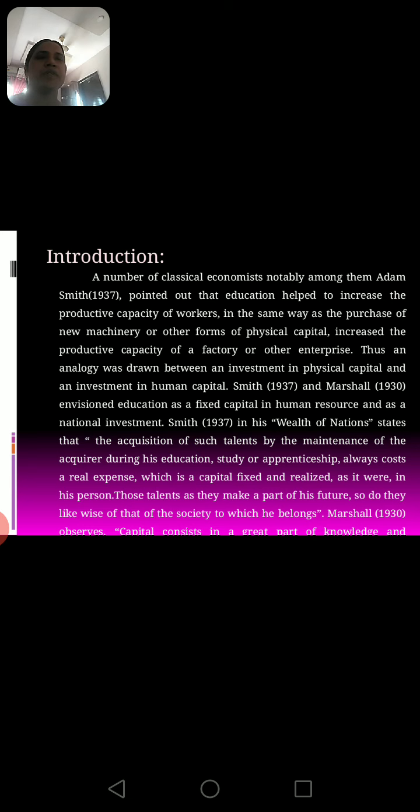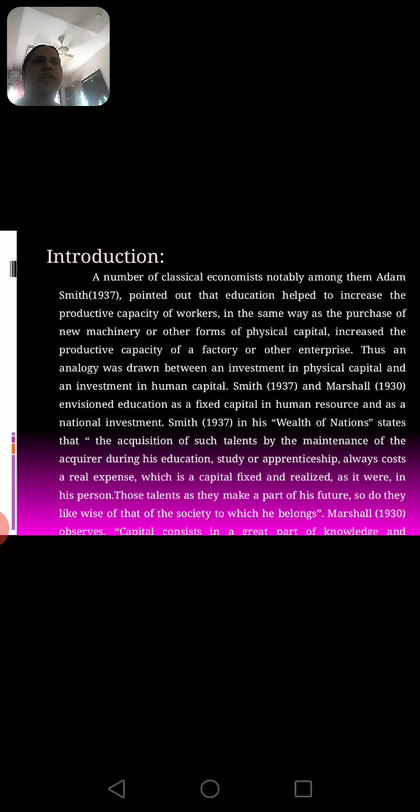As per Adam Smith, in his book Wealth of Nations, he states that the acquisition of such talents, by the maintenance of the acquirer during his education, study or apprenticeship, always costs a real expense, which is a capital fixed and realized, as it were, in his person. These talents, as they make a part of his fortune, so do they likewise of that of the society to which he belongs.